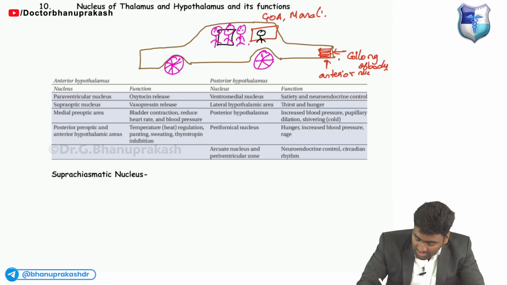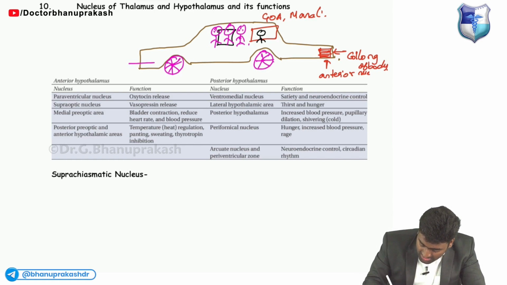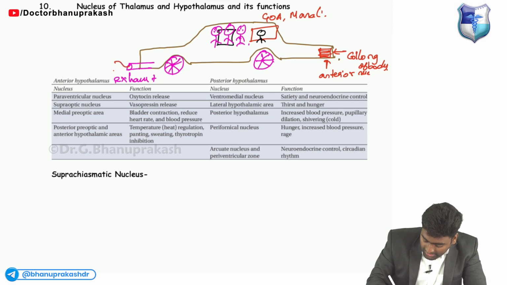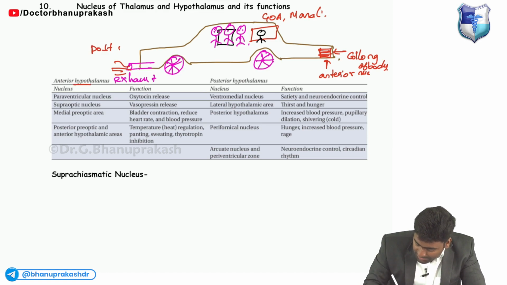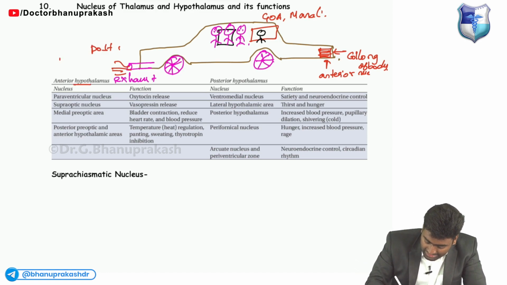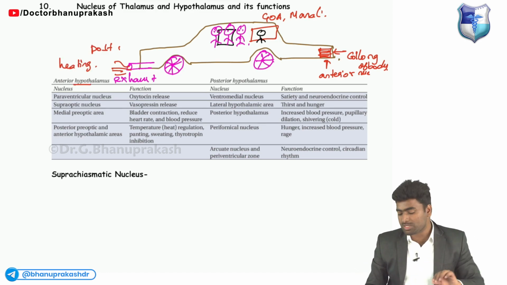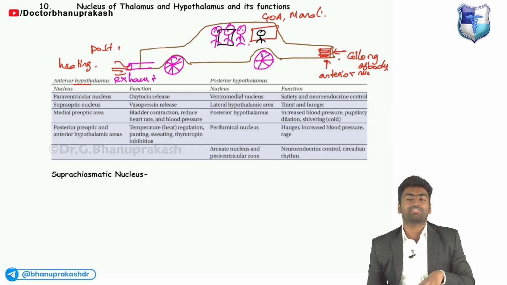Posteriorly there will be the exhaust, which has hot air. So the posterior nucleus of the hypothalamus is responsible for heating, whereas the anterior nucleus is responsible for cooling.